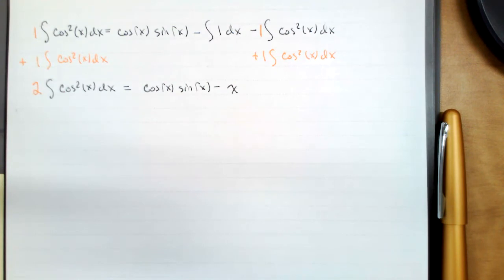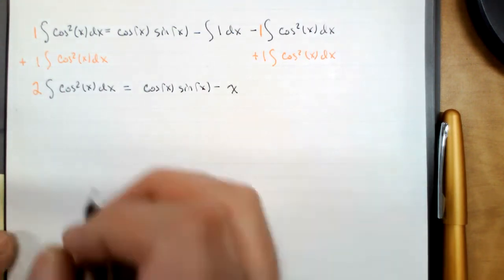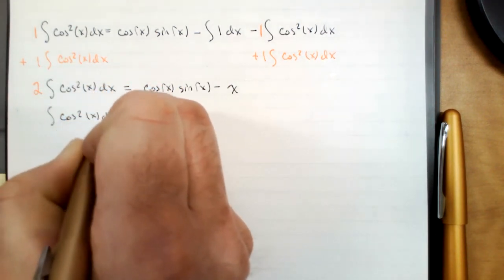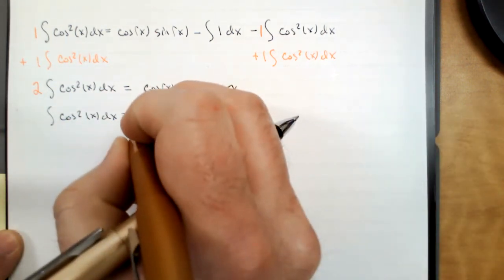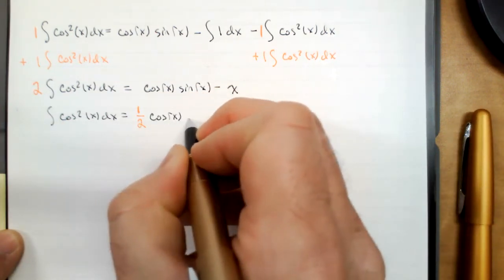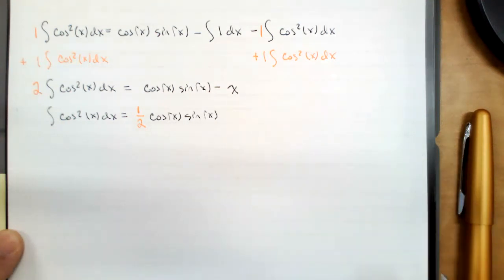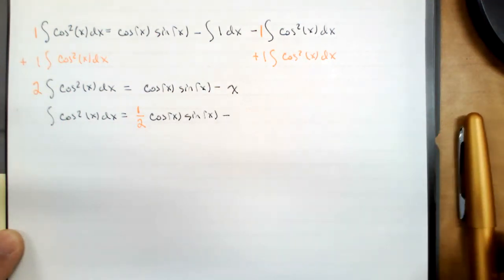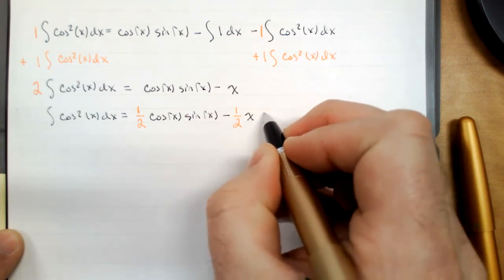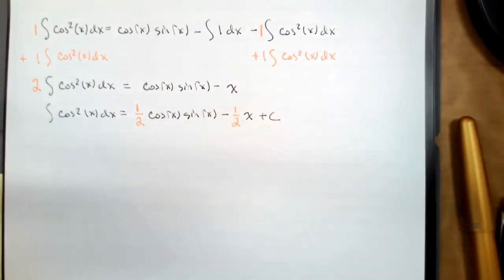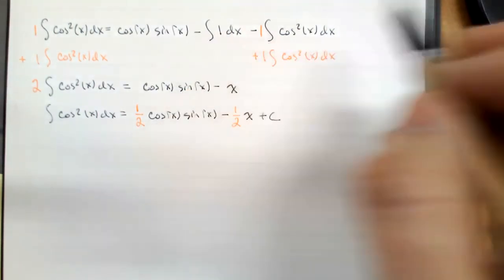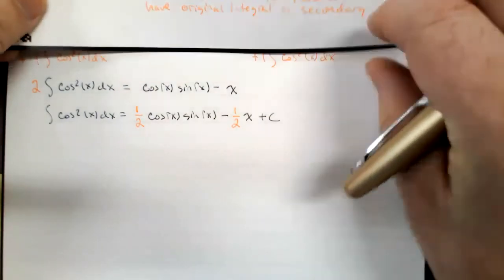Then all we have to do is divide everything by 2. Oh, this shouldn't be a minus 1. That should be a plus 1.